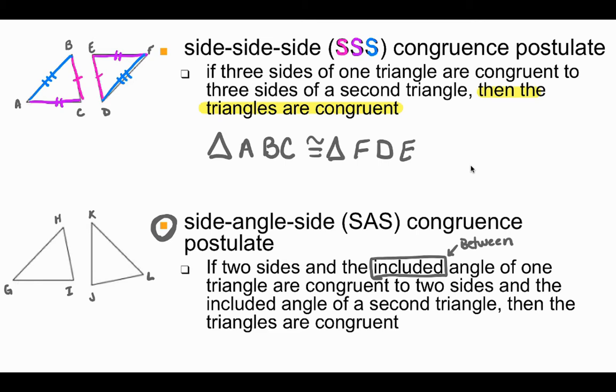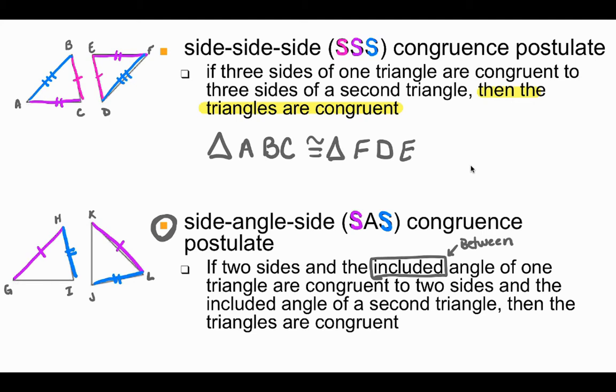So with this particular set, you will have to be given a first set of congruent sides. So we would have our first set of congruent sides, and you would have to have a second set of congruent corresponding sides.